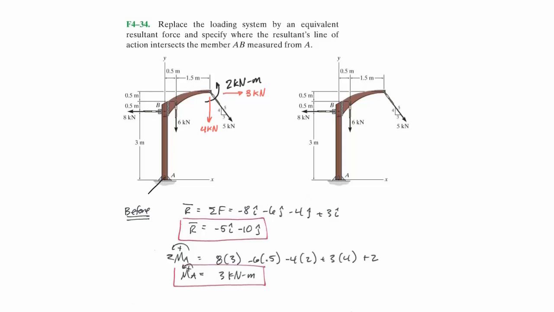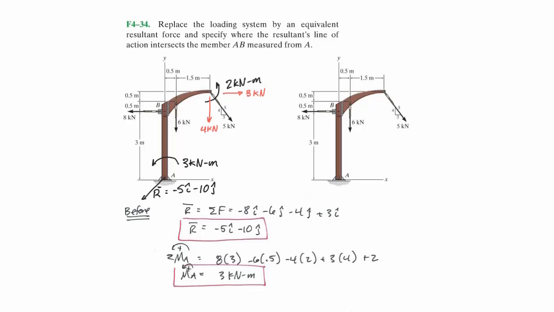I'll say that this is the resultant, and it will also have a moment there of 3 kilonewton meters, and the resultant here is equal to negative 5i, negative 10j. Okay, now that's only part way there.